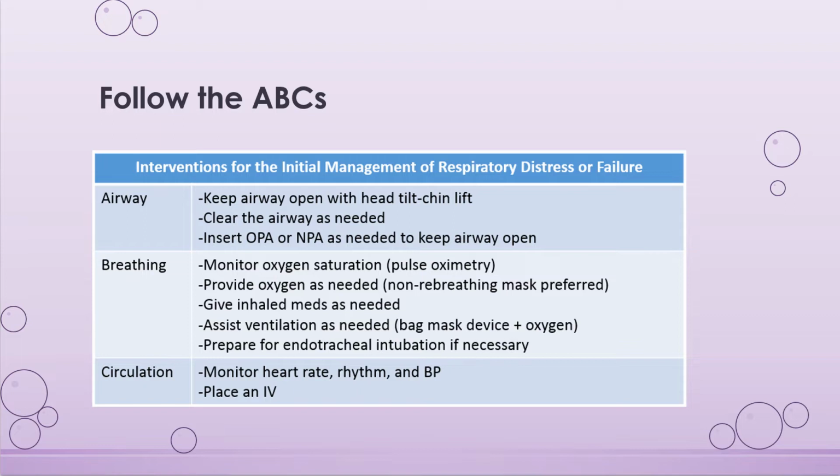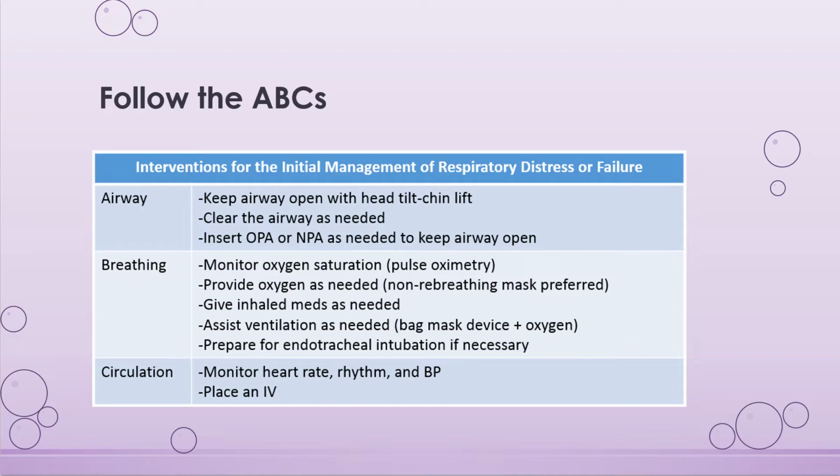So if I have a patient in respiratory distress, again, I'm not going to put on a nasal cannula and give them 1 liter. I'm going to put on a mask and I'm going to crank that up to make sure that I bring the patient back from the brink. Because if they go from respiratory distress or failure, they're going to be dead pretty quickly, okay?